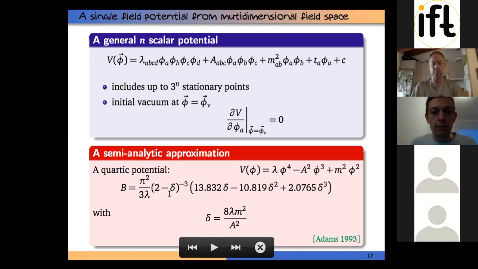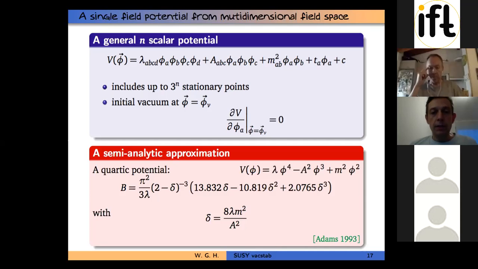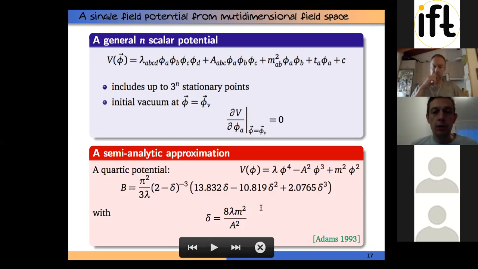So this value delta is basically encoding the coefficients in the potential, and then there are some numbers appearing here that come from numerical evaluation. What is now the big advantage of using such a pocket calculator formula? You can easily implement it, and you don't need to do any numerical integration in the derivation of this bounce action. This is super fast, and certainly not so bad.